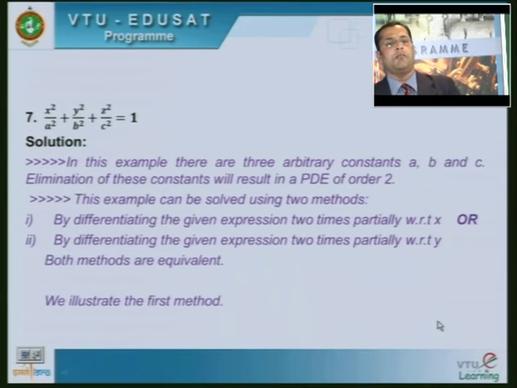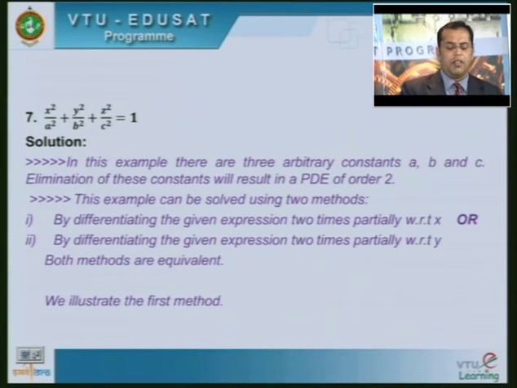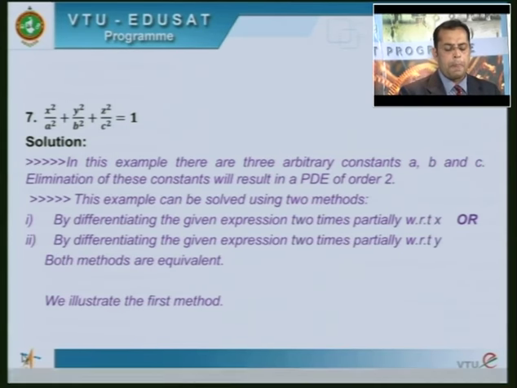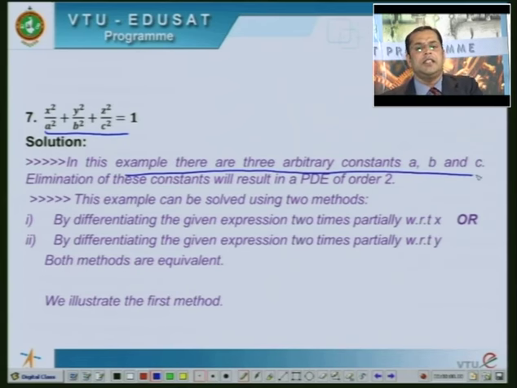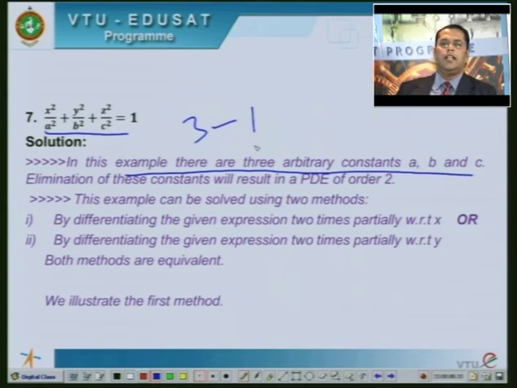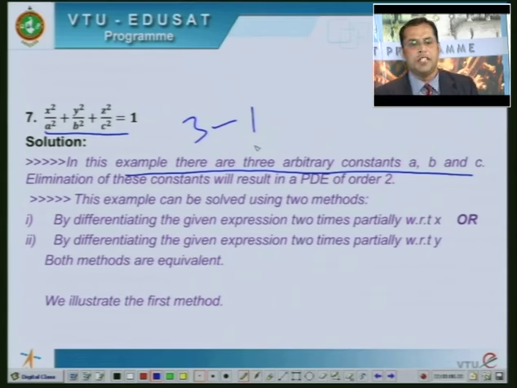We will see one more example where we will eliminate 3 constants. Form the PDE given x square by a square plus y square by b square plus z square by c square equal to 1. Observe that in this example there are 3 arbitrary constants a, b, c, and hence the order in general is number of constants minus 1, which is 3 minus 1 equal to 2.